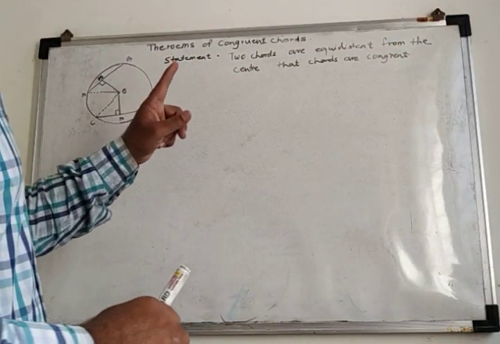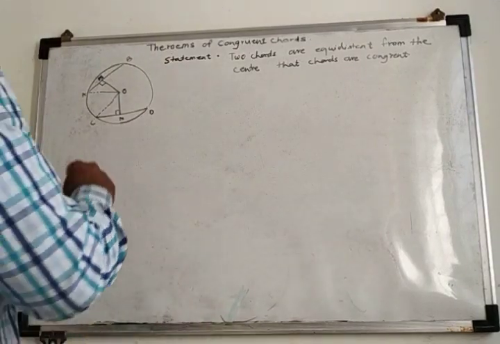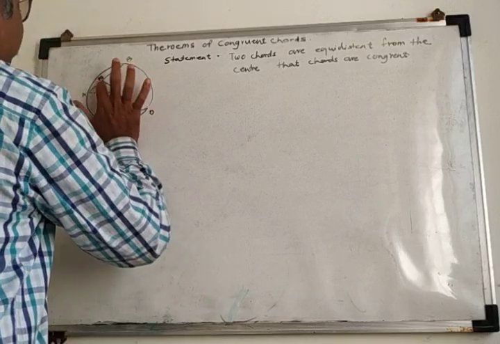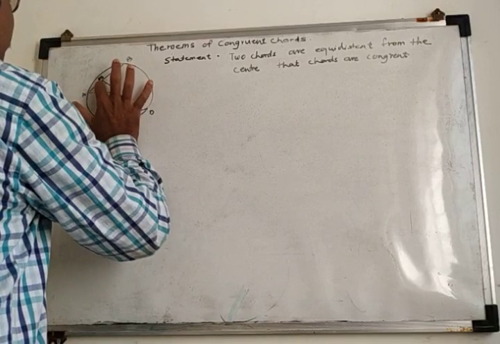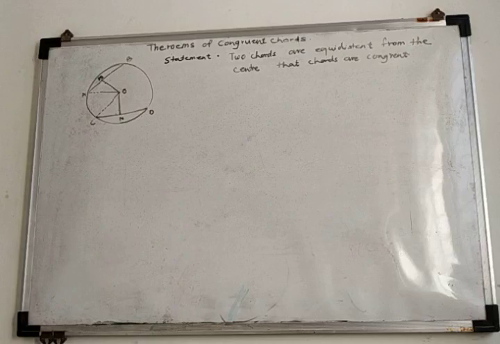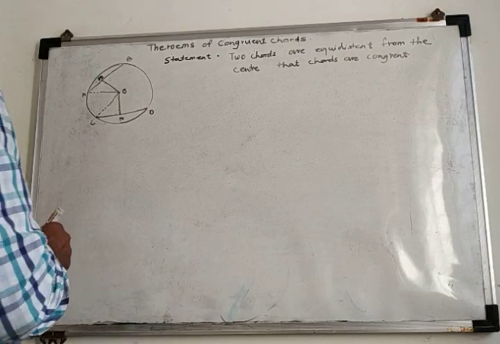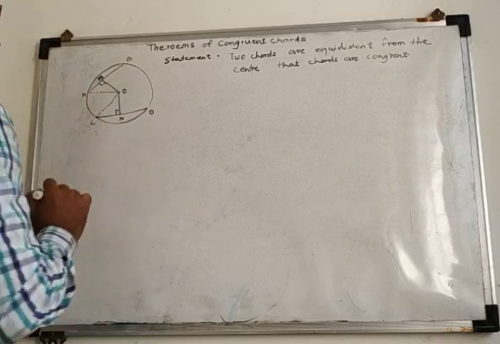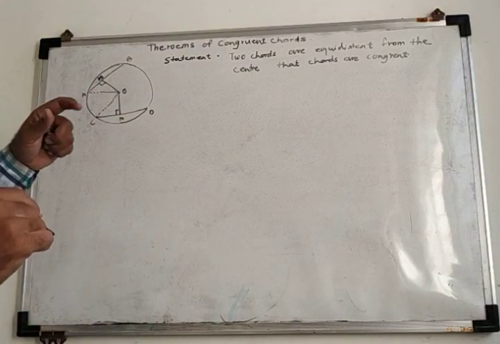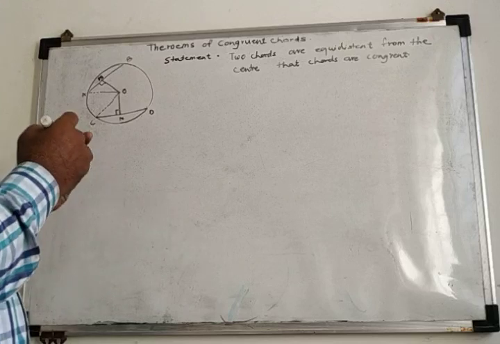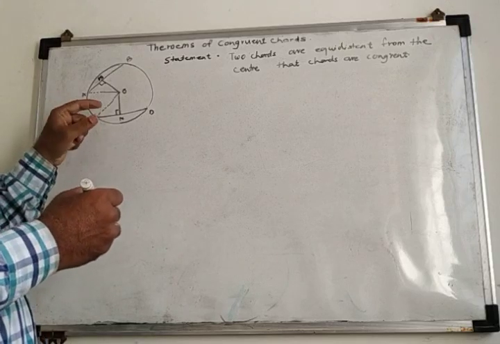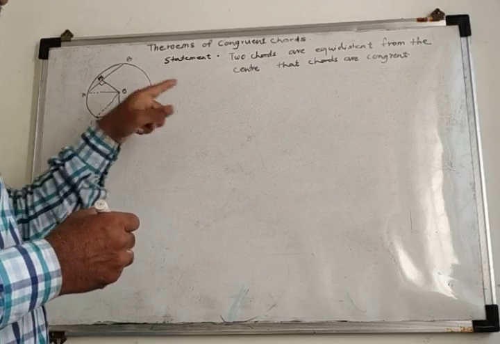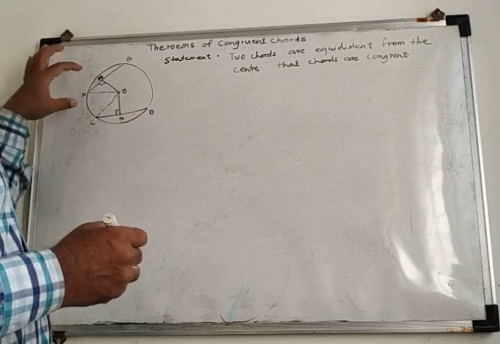Again, here we can use the same figure. Just to remind you, in the earlier theorem, it was given that AB is congruent to CD. In this theorem, we need to prove AB congruent to CD.